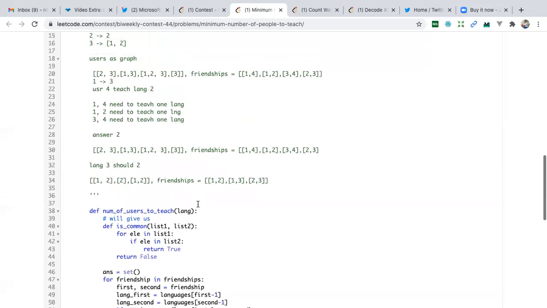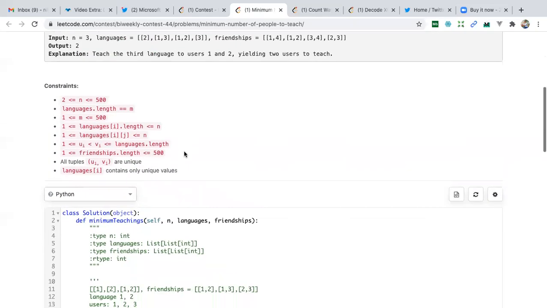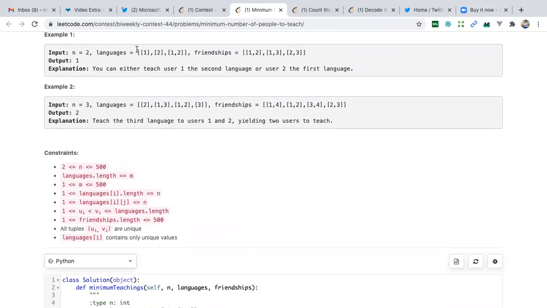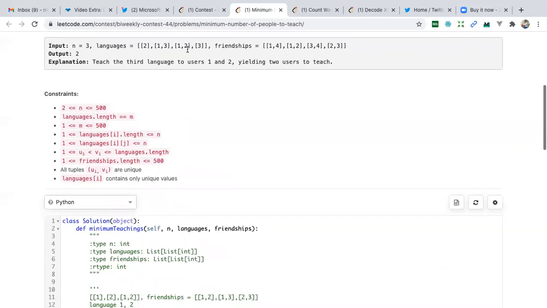Maybe we have some better answer. Let's see. For this case, 2, 3, 1, 3. So 1 and 4 are friends, and 1 has 2, 3, and 4 has 3. So we don't need to do anything. So okay, let's take the first example.